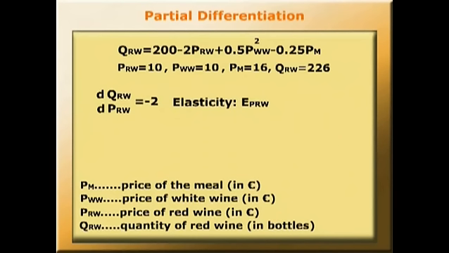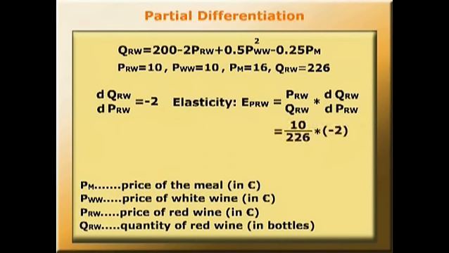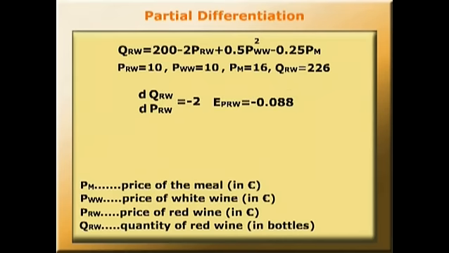Now the elasticity is given as PRW over QRW times dQRW by dPRW. So that gives us 10 over 226 times minus 2, which equals minus 0.088.